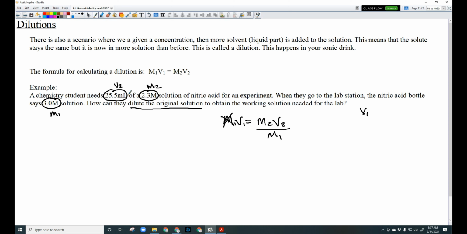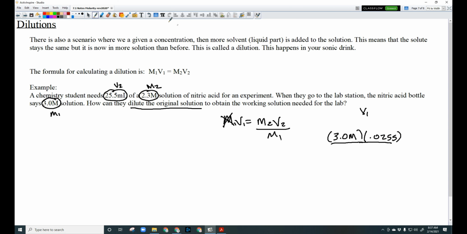So let's start plugging in. V2 has to be in liters now, so we're going to have to convert that to 0.0255. Wait, M2.